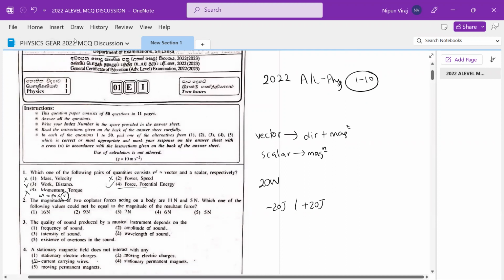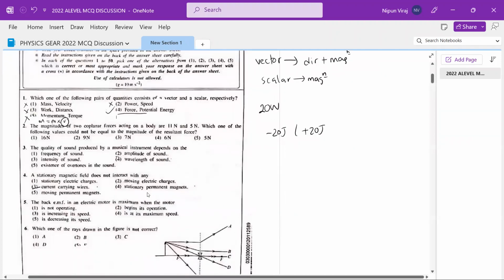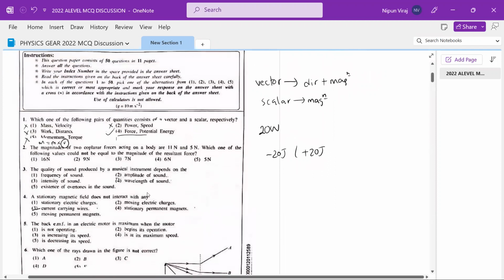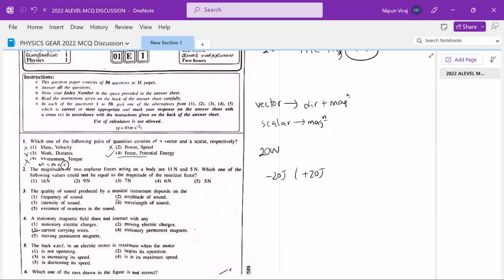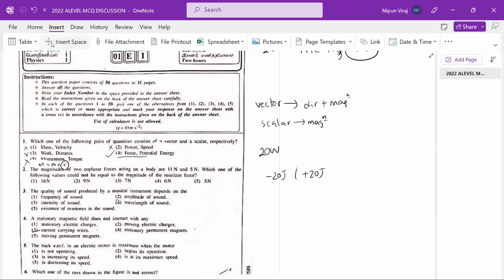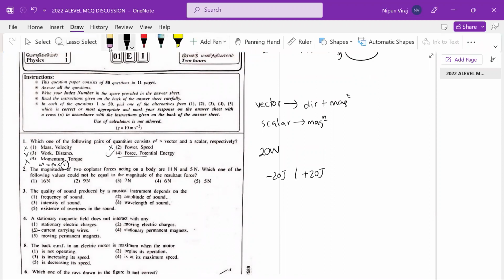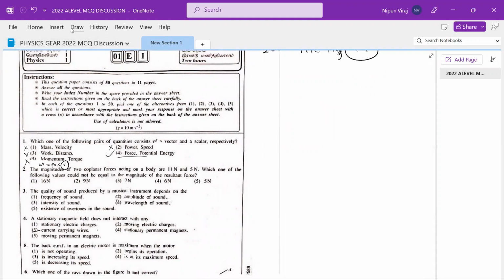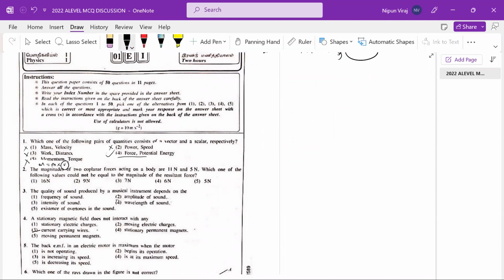Okay, so now let's go to the next question. Second one. The magnitudes of two coplanar forces acting on a body are 11 newtons and 5 newtons. Which one of the following values could not be equal to the magnitude of the resultant? Now let's see. First of all, let me erase this. Two coplanar forces acting on a body.